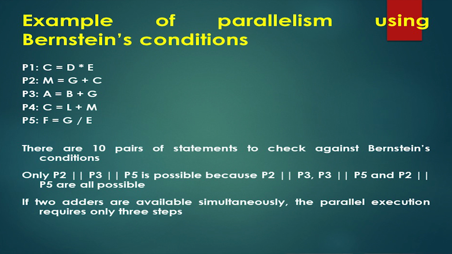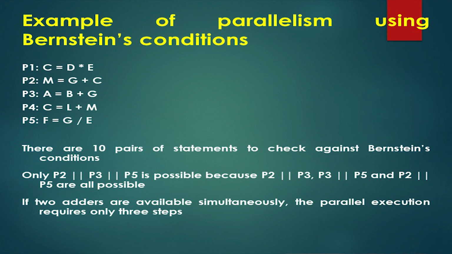Look at that. The first processor's output is C. The second processor's inputs are G and C. So it is matching: C is an output for processor 1 and an input for processor 2. So we cannot execute P1 and P2 in parallel because it matches. Next, suppose P2 and P3.